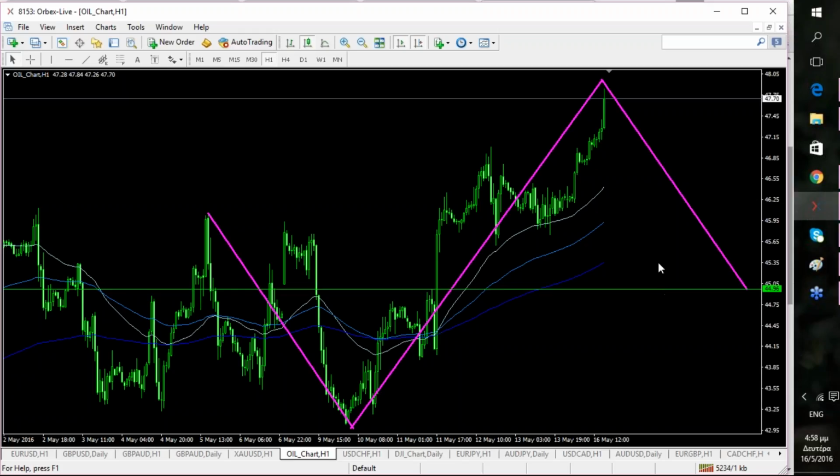But as far as I could see, it still has a little bit more room to the upside before it tumbles down, because of the behavior of the candle as well. But we need price to confirm that. It might just go up to 80, 85, and then boom, downwards again.